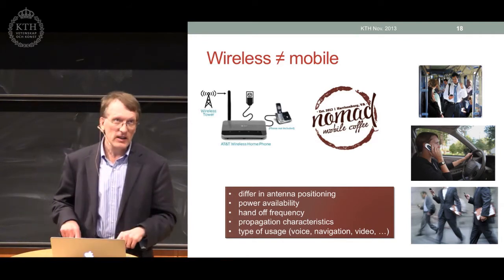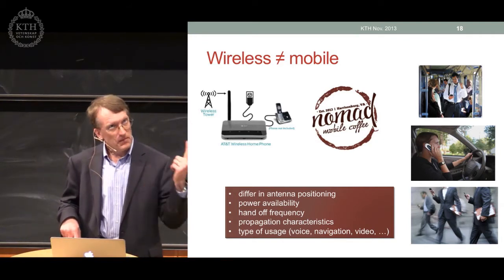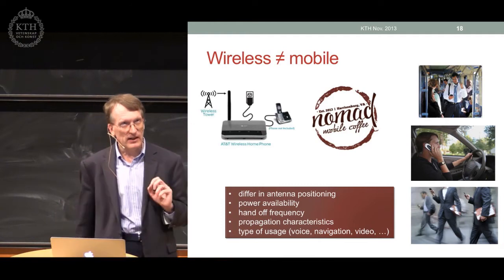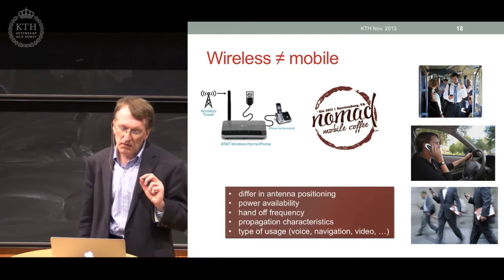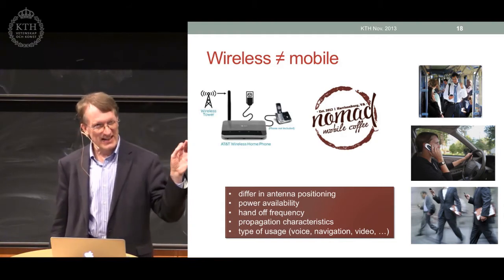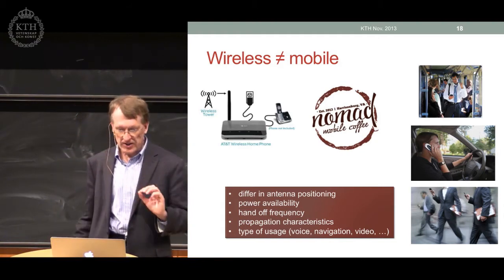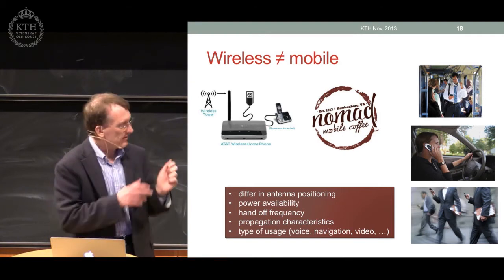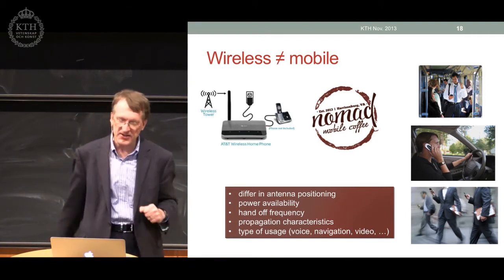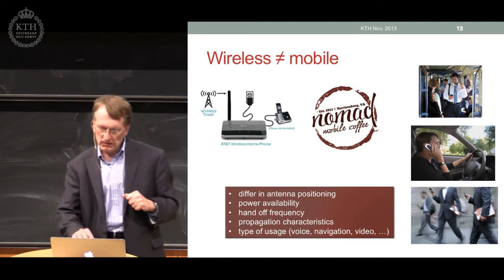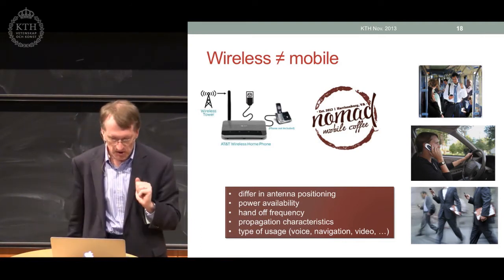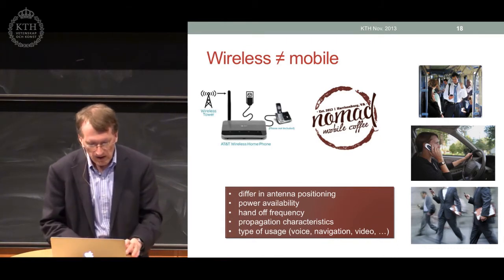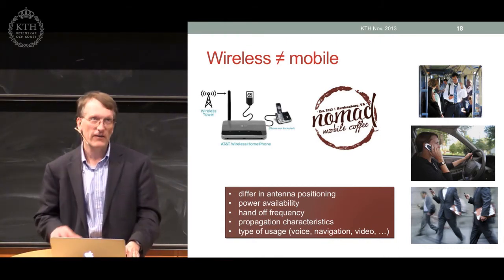It matters because the power, the mechanical stability, the predictability of your system varies. For example, if you think of a directional antenna, it's really hard to have a directional antenna when you're walking around. You're not going to keep pointing precisely at the cell tower. Not so hard in a bus. It doesn't typically go straight. Trains even more so. Handoff frequencies differ, all of that.